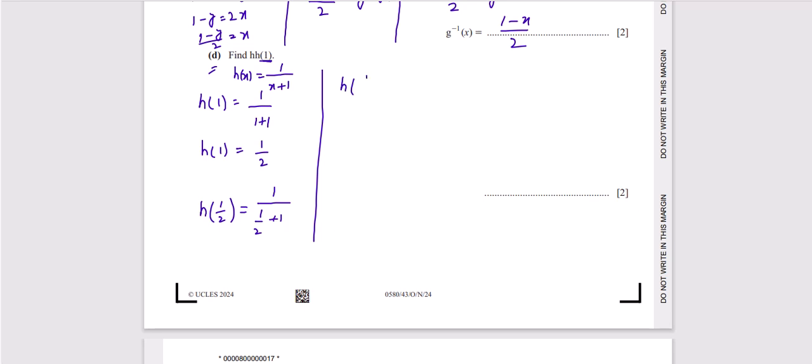Simplify this, we get 3 by 2, and the 2 shifts to the upper side. So h of 1 over 2 is equal to 2 by 3. This is our answer, 2 by 3.